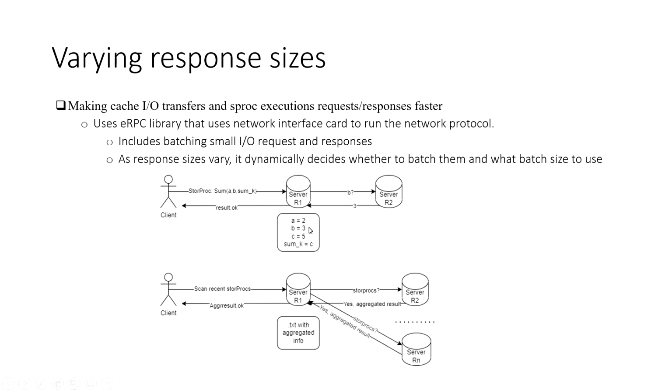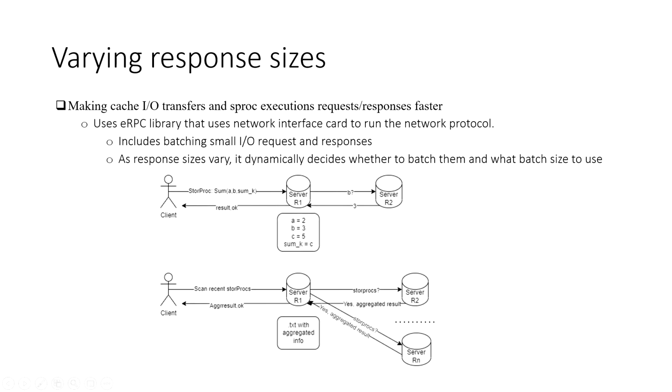And the response sizes could vary, because if you are performing a simple read or write, you know the size of the response. But if you give a request saying, okay, I need to know the aggregated information of something, then the server might have to contact a bunch of other servers and give the aggregated result back to the client, which will result in different times for these requests and responses.